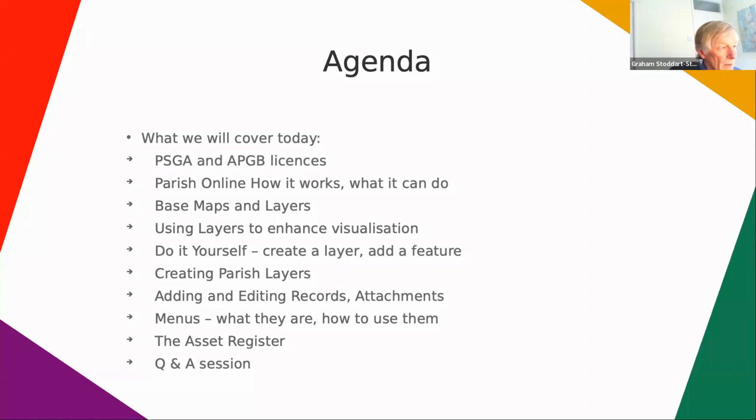Then we'll talk about base maps and layers and what they are and how they work together. And then we'll show you how to use them. And then we're going to do it yourself so that you get the chance to create a layer, add in a feature or two, see how you do it for yourself. And then we'll just round everything off and polish it off. So hopefully that's what everyone is looking forward to doing.